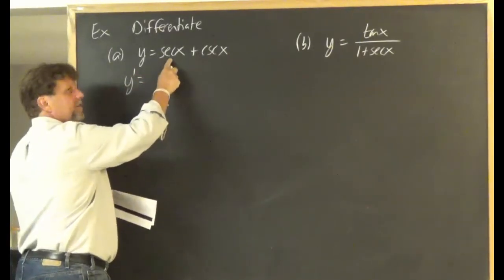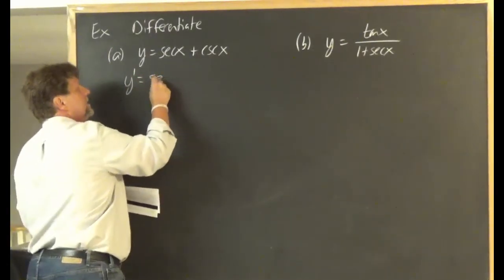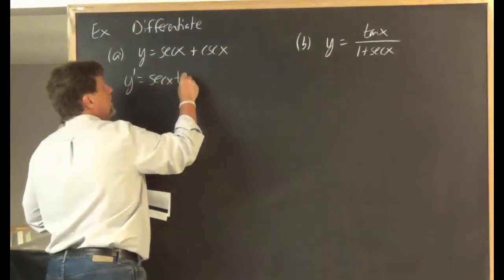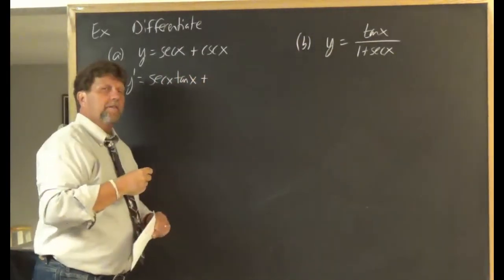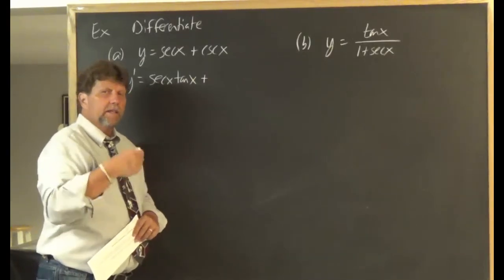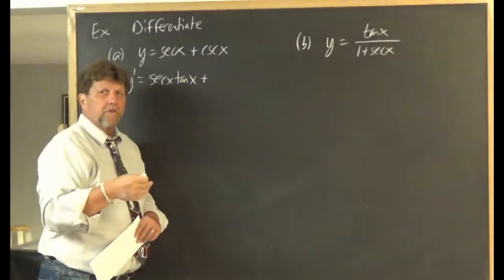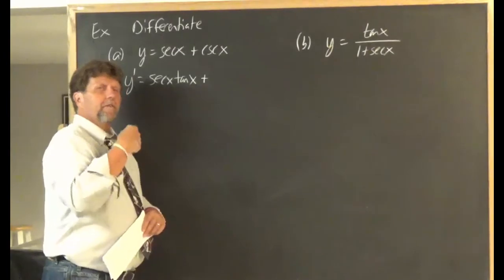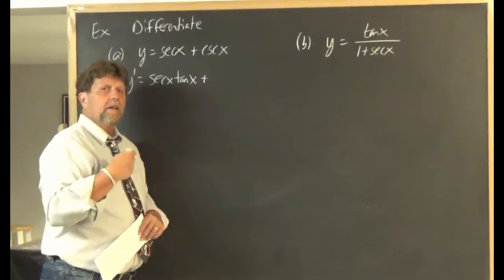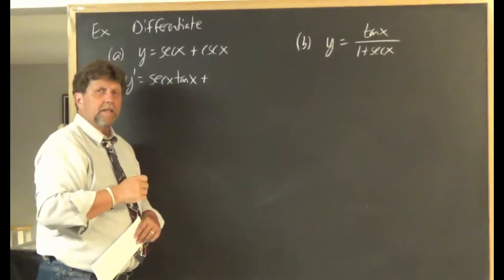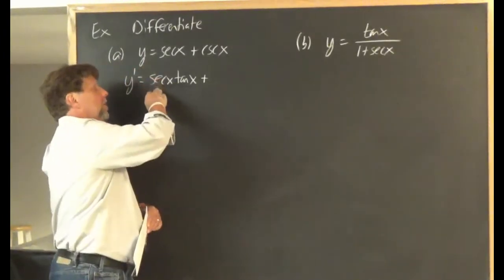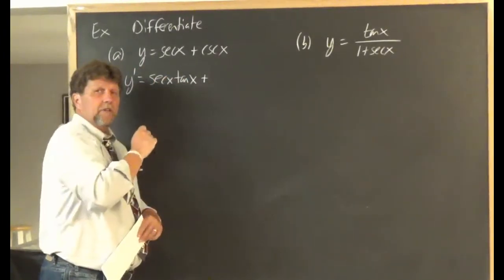All right, the derivative of secant x is secant x tangent x plus, now the derivative of cosecant, I'm going to go over this cofunction trick again. The derivative of cosecant has the same structure as the derivative of secant, except it's cosecant cotangent.